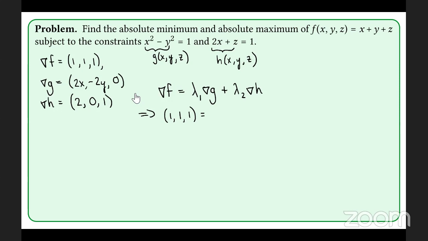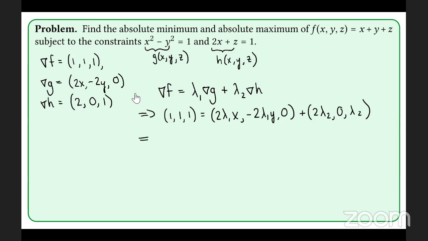Okay, so that tells us that we need to have 1, 1, 1 equal to 2 lambda 1 x, negative 2 lambda 1 y, 0, plus h is 2, 0, 1, so we get 2 lambda 2, 0, and lambda 2.